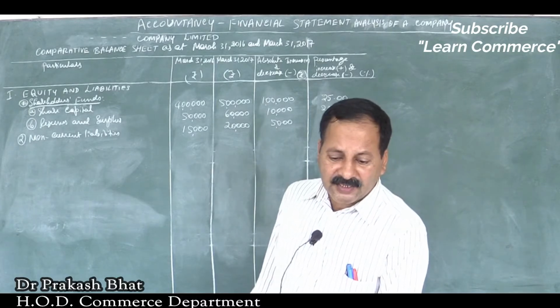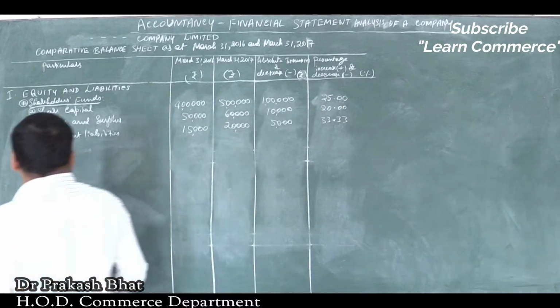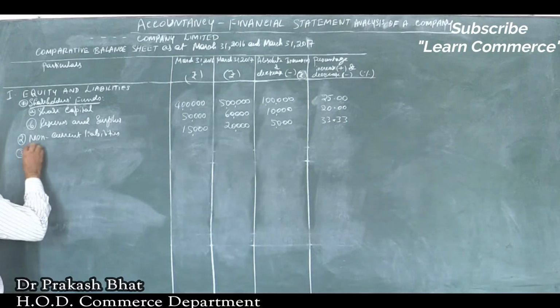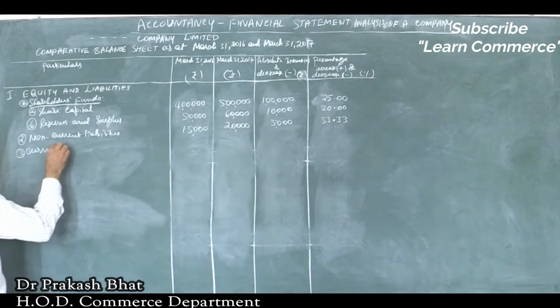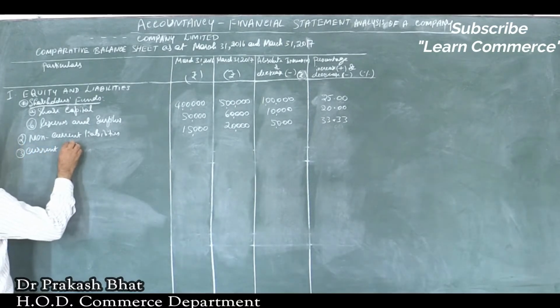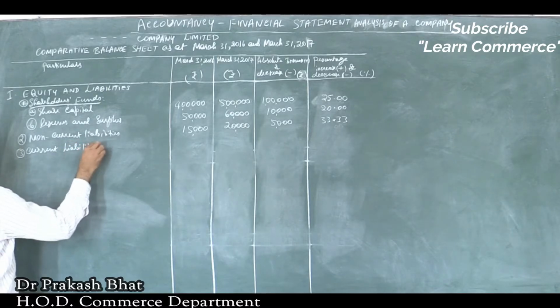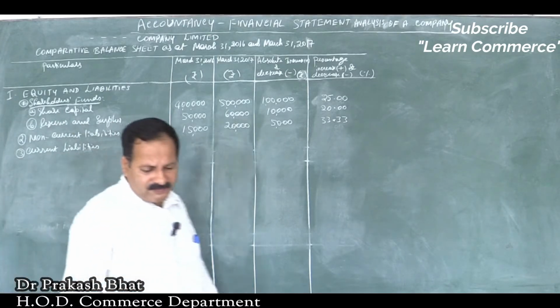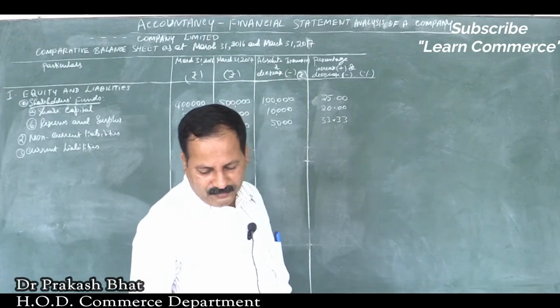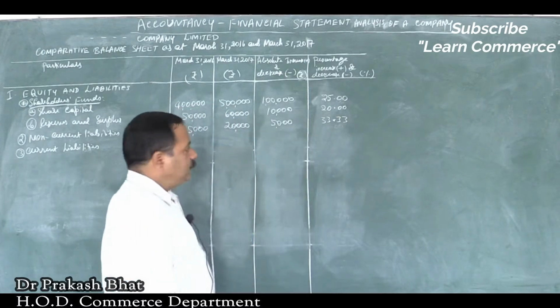Last item is current liabilities, right? Third one, current liabilities. How much it is? That is 50,000 and 70,000, right?